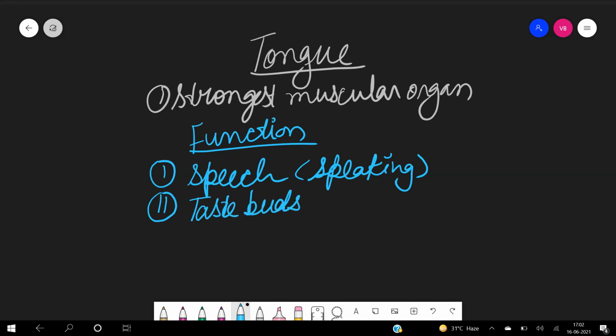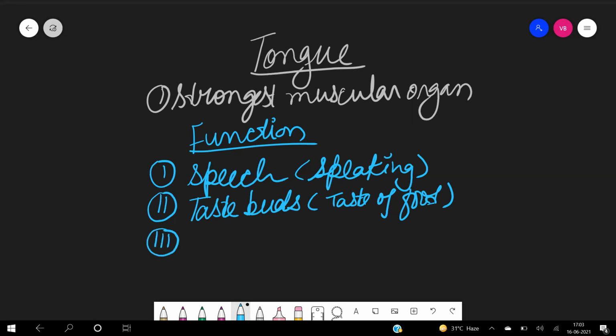These taste buds tell the taste of various kinds of food. We can enjoy chocolate, cake, pastries, Coca-Cola, everything. Various tastes we can sense because of the taste buds which are present on the tongue.